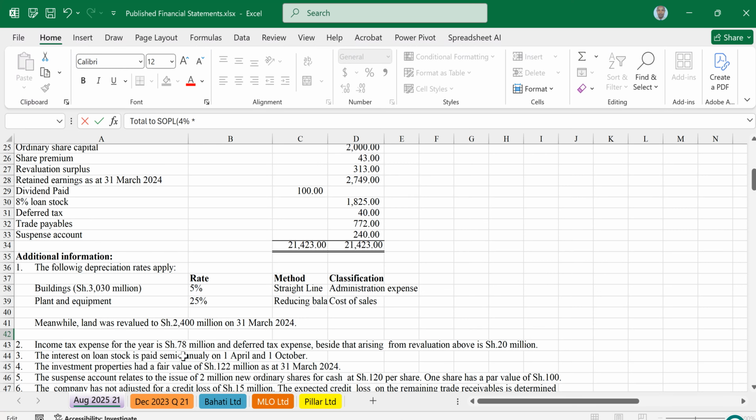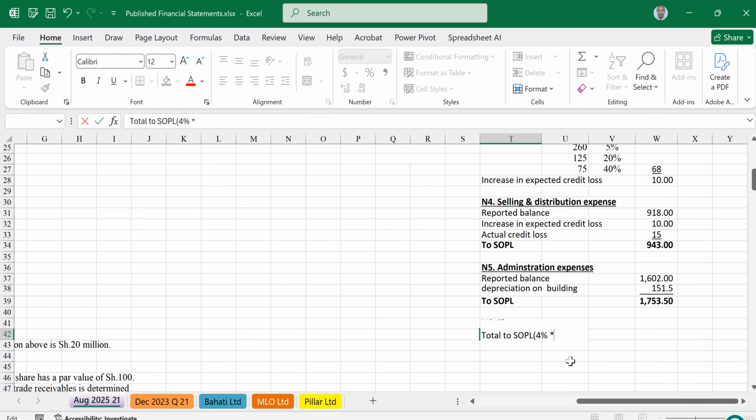If per annum is 8%, then semi-annually it will be 4%, but now periods will be 2 periods. So that is 4% times 1,825, but now times 2 periods because we have 2 periods.